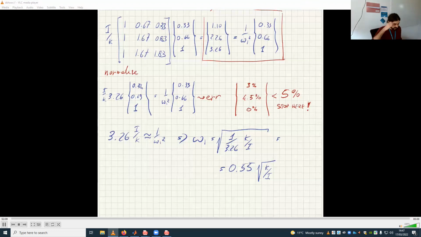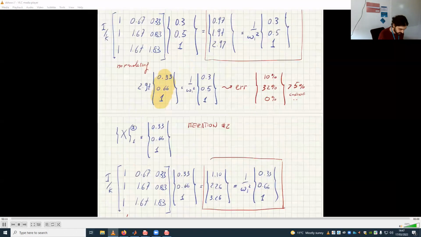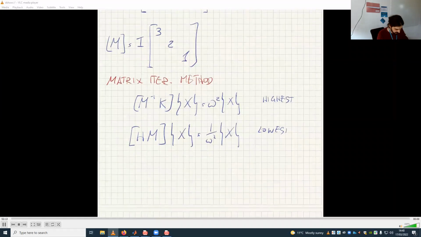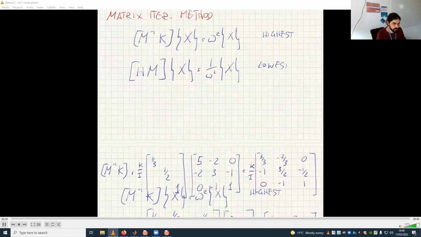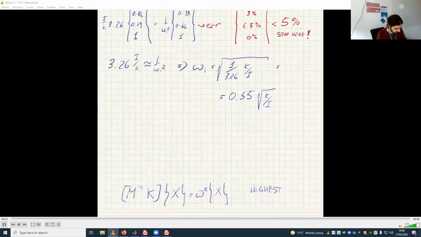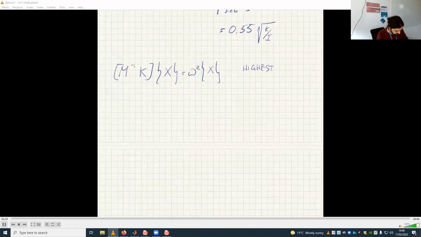Okay. So let's start the other one. The other one is this one, highest. So I'll just copy this one all the way down. Now we find the highest mode shape.